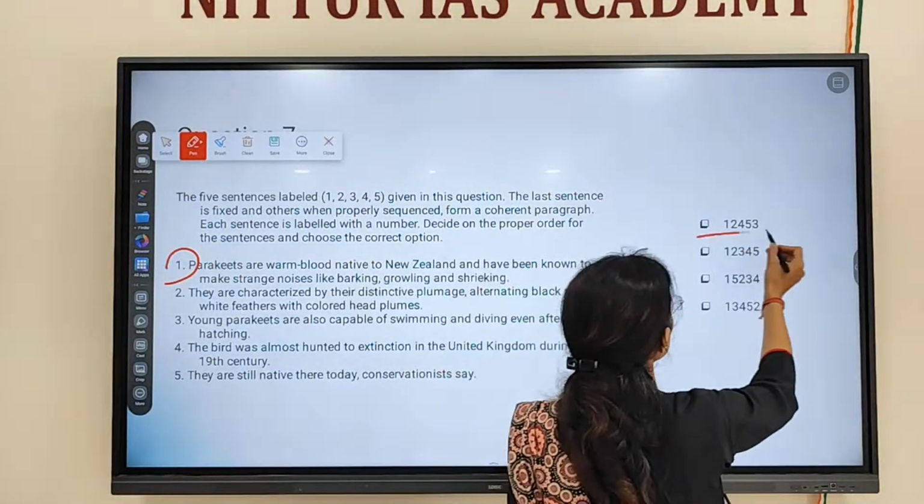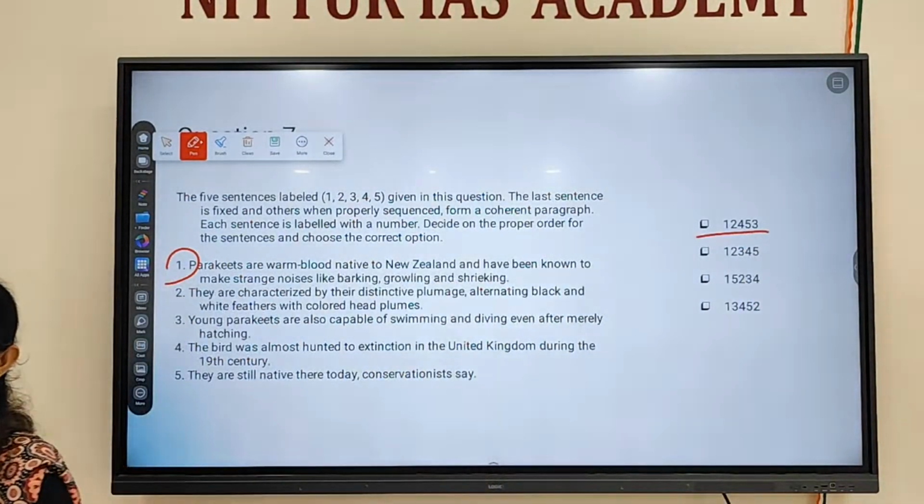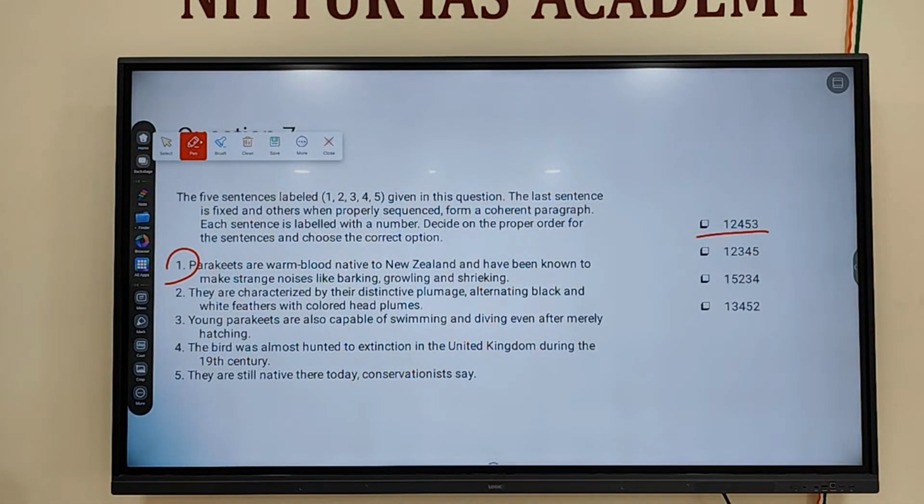Okay. Pooja, Rohan. Option 1. Pooja, we'll give some time. Let me think. Let me also read. Why not 5 and 3? Yeah, we need to follow them. 1, 2, 4, 5, 3.